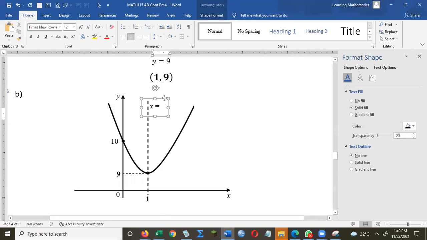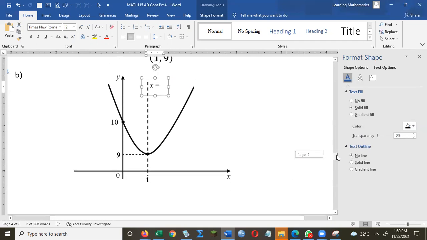That would be the equation for the line of symmetry. Anybody like to contribute? One of the numbers, you have 0, 9, 1, and 10. X equals which of those numbers?